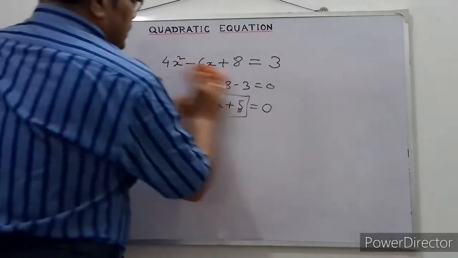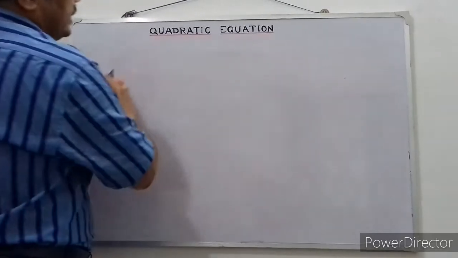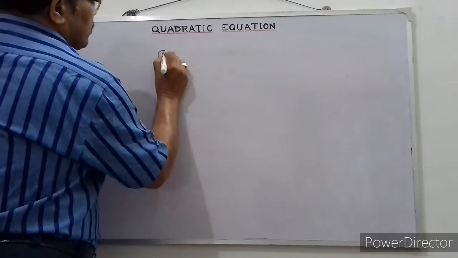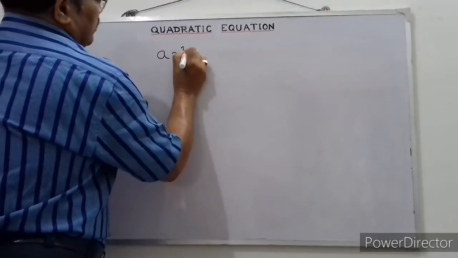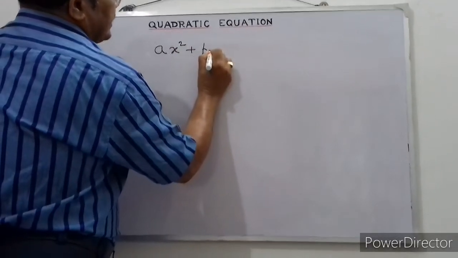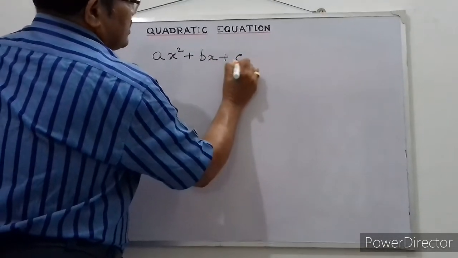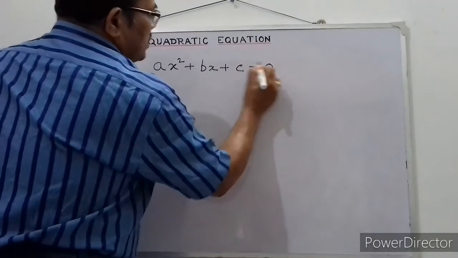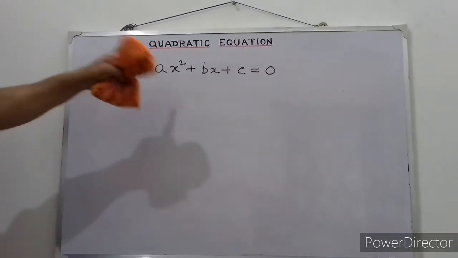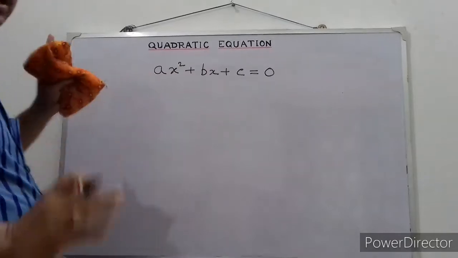That means the general form of a quadratic equation is ax square plus bx plus c equals 0.